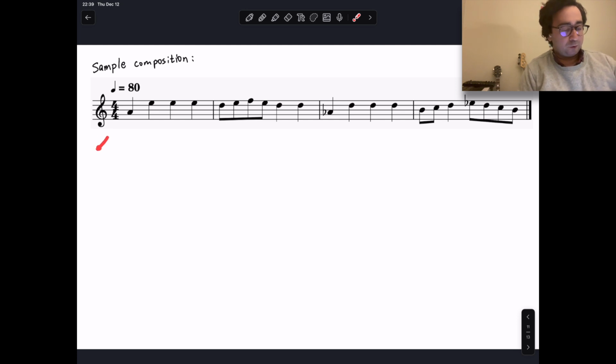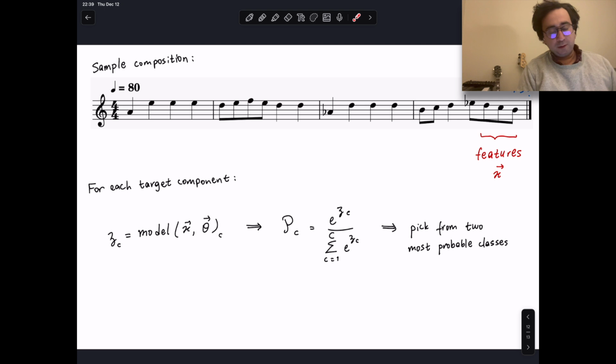Now we have this sample composition that is used in the training. We need to generate some music on top of that. So how do we do that? Once we have the optimized weights, we obtain the z-scores, and then we use them in a probabilistic approach to determine the classes with certain probabilities, and we are going to pick the 2 most probable classes for the node, octave value, and the time value.